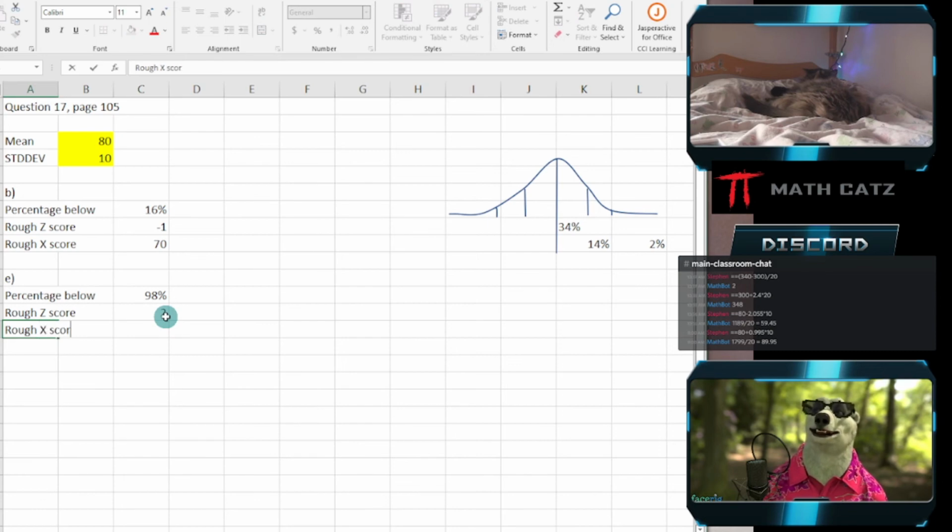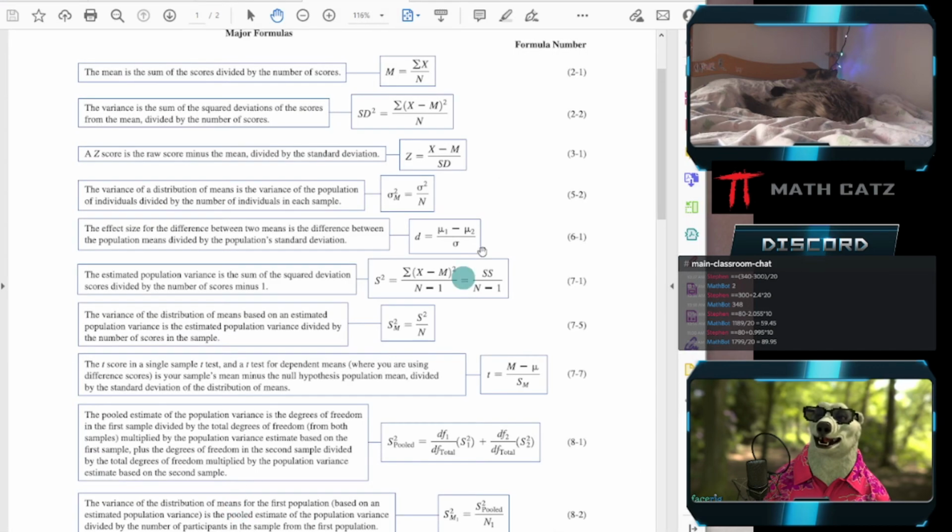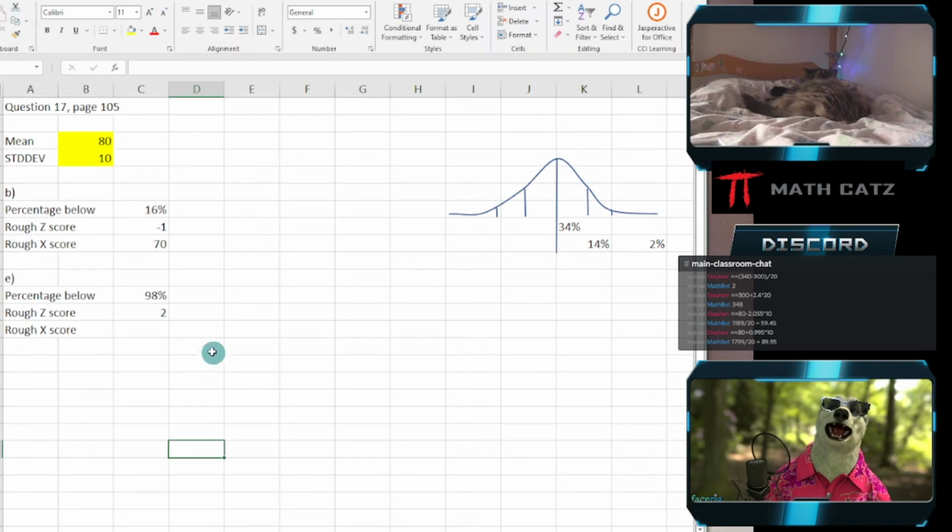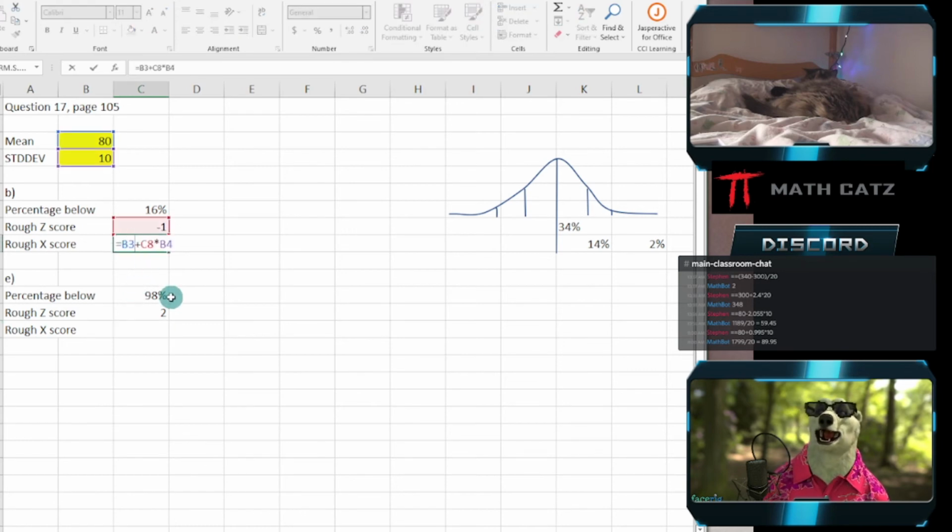calculate, by reversing this formula 3-1, to calculate the corresponding raw score X. Now I can do it all again, or I can go and update here, realizing that the mean is always the mean, fix that cell.